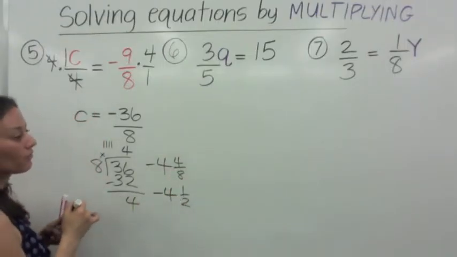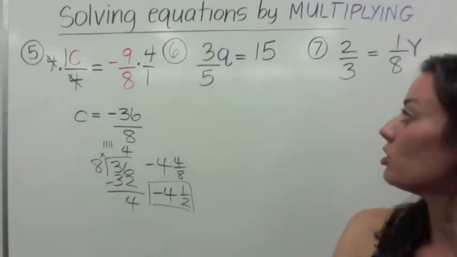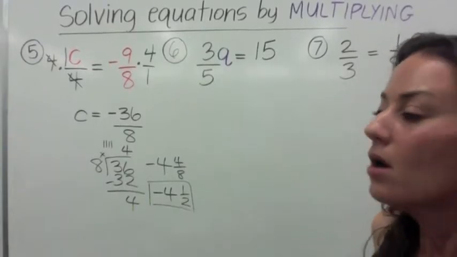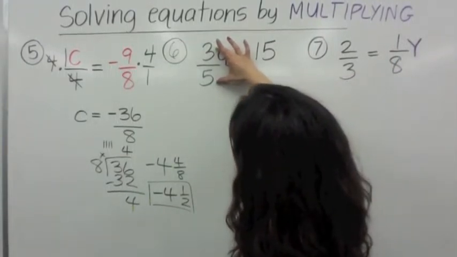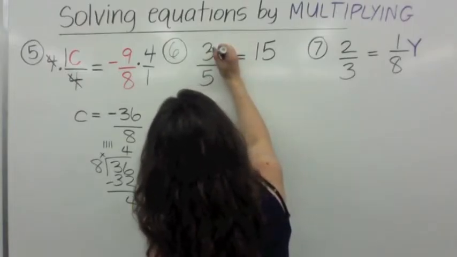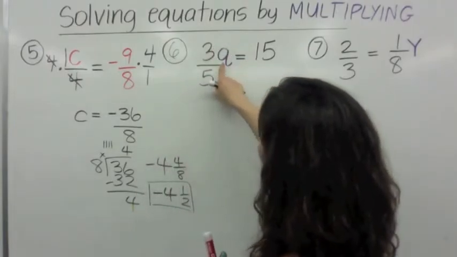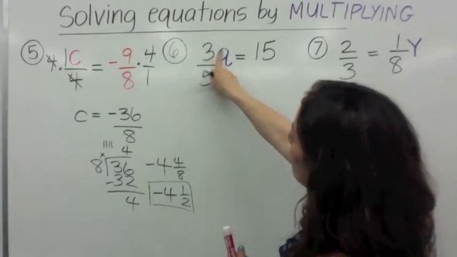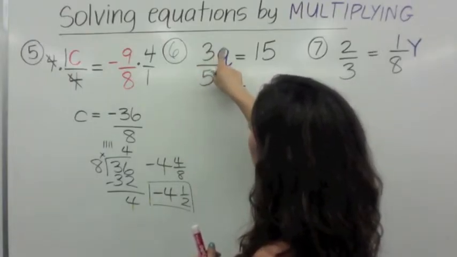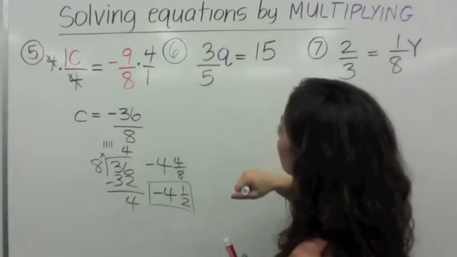All right, number 6, which says 3q divided by 5 equals 15. So now we have a fraction here, okay? Now remember, when you have a fraction that is touching a variable, these are being multiplied together. But really it's saying if you multiply 3 times q and then divide it by 5, it's going to get 15.